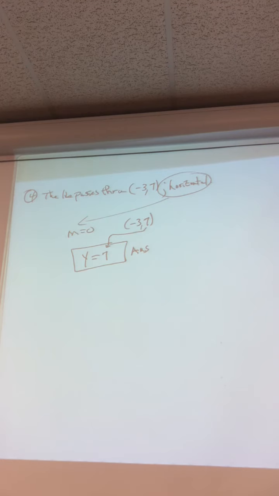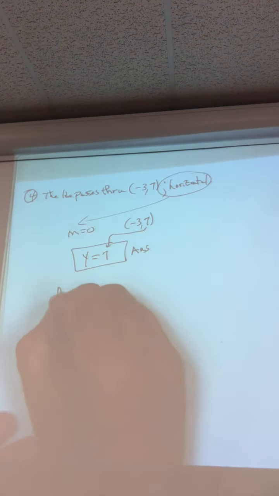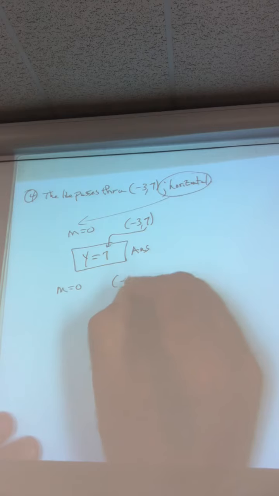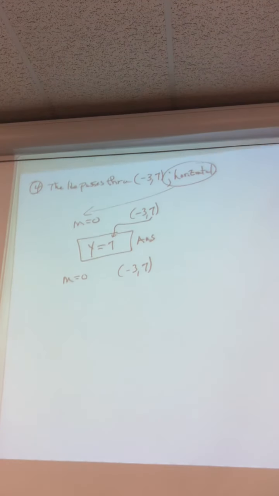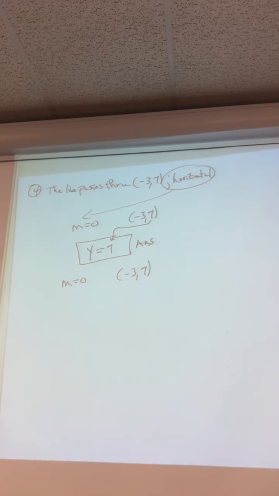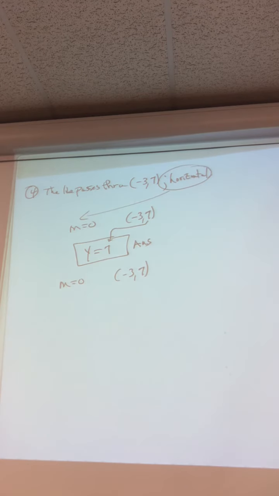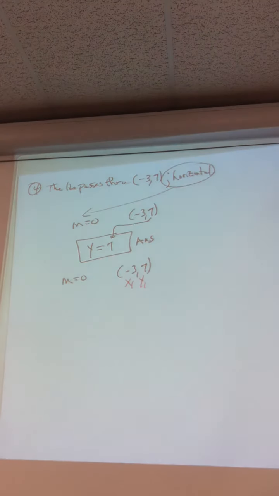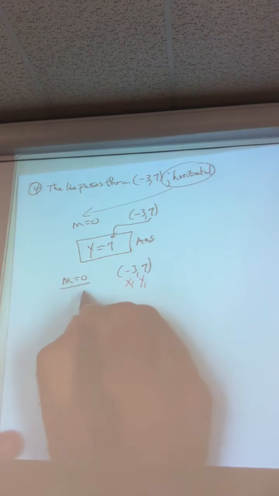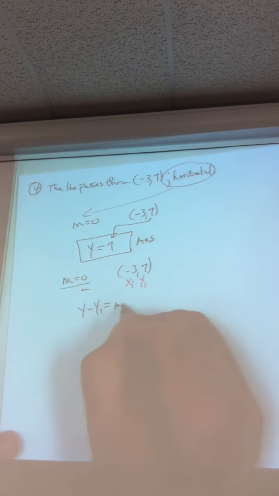Now, let's suppose you didn't remember that. You say, well, Mr. Rayner, could we do it like we did the others by using the point slope formula since we know the slope is 0? We sure can. You can call this x1, y1. There's your slope, m. So it's y minus y1 equals m times x minus x1.